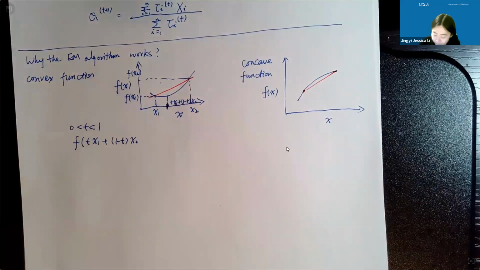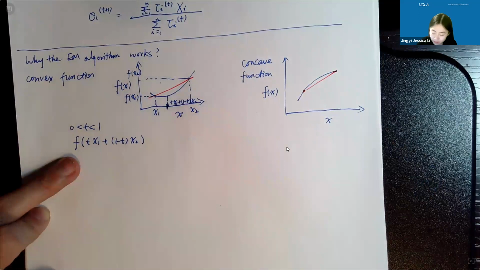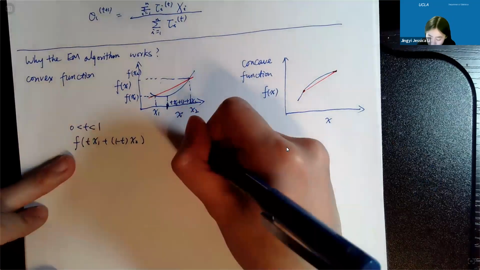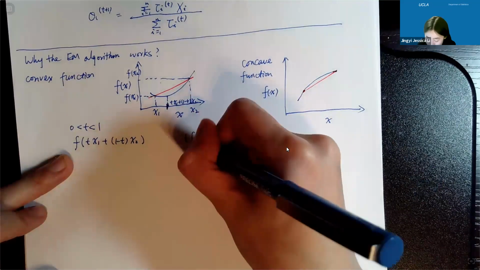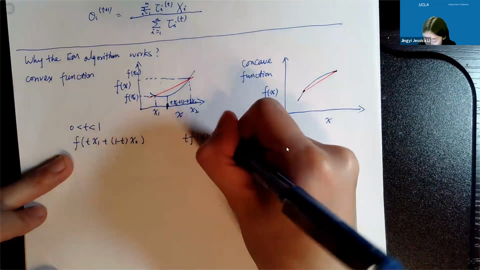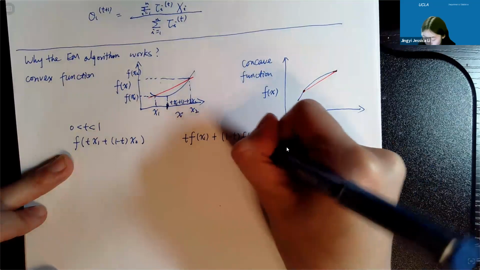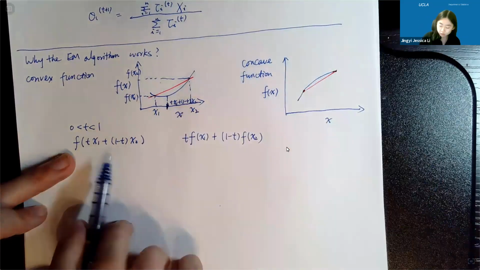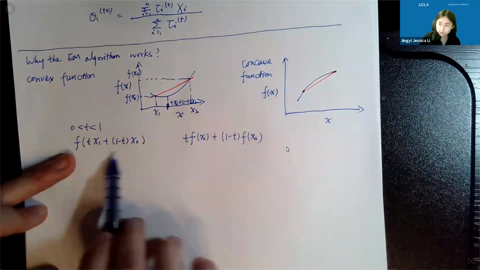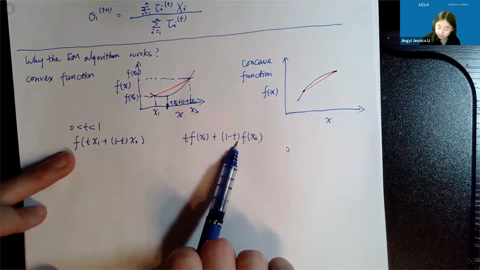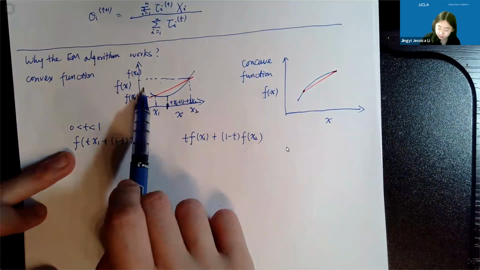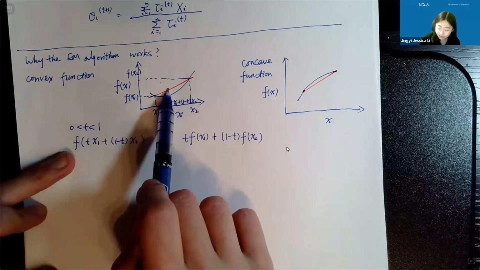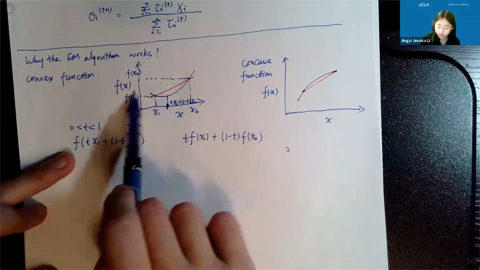So I'm interested in this. Another thing I'm interested in is I apply the weight to f(x). So what is tf(x1) plus (1 minus t)f(x2)? I'm interested in the relative magnitude of this versus this. So we can see that applying the same weight to the two f(x)'s, I am actually getting a value bigger based on the shape, right?